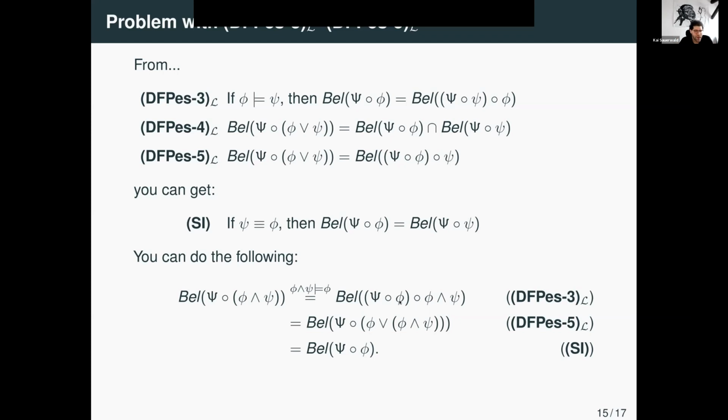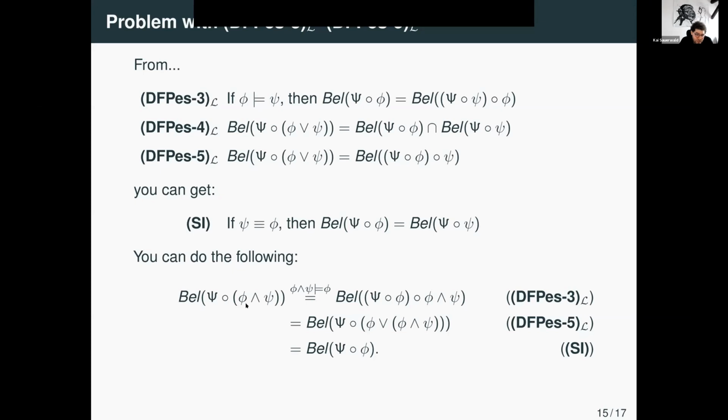Then you can apply DFPS5 and switch to a disjunction. It's no surprise that this disjunction is equivalent to this formula here.